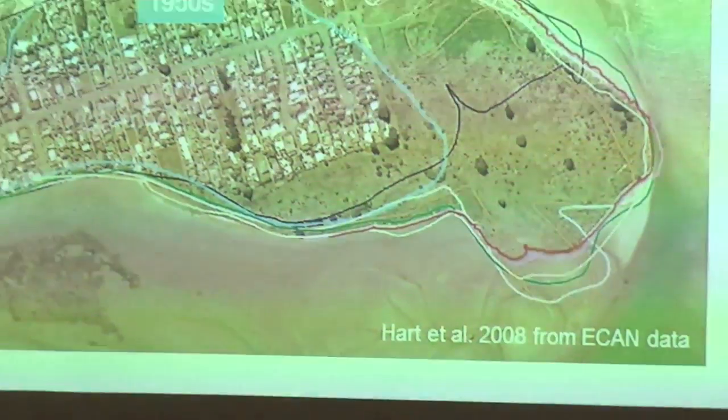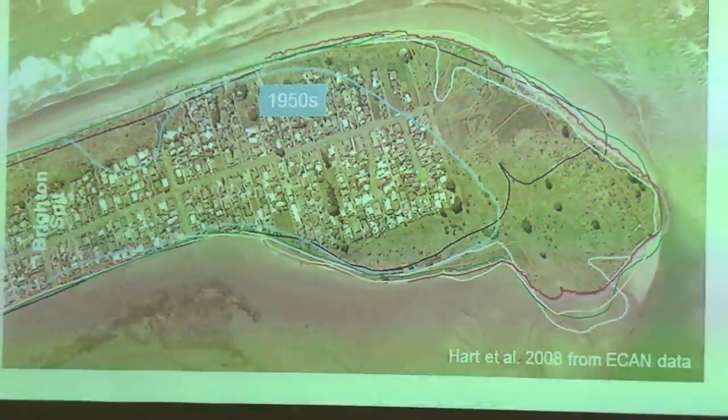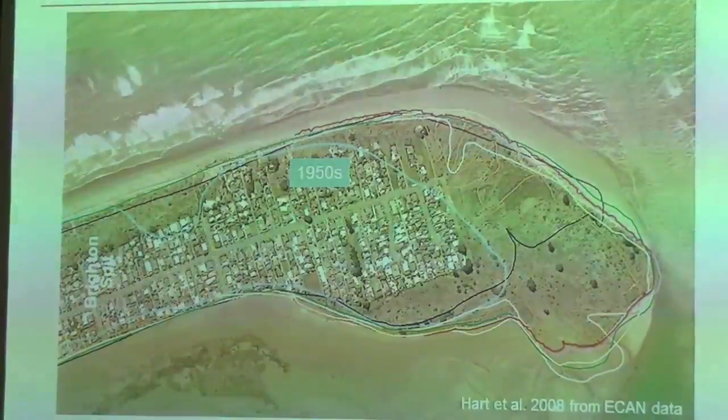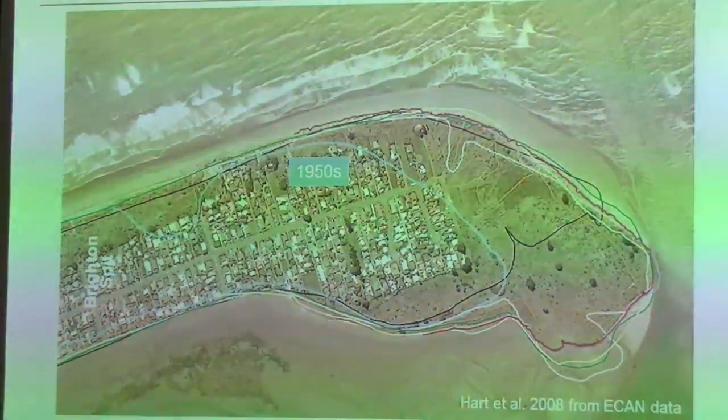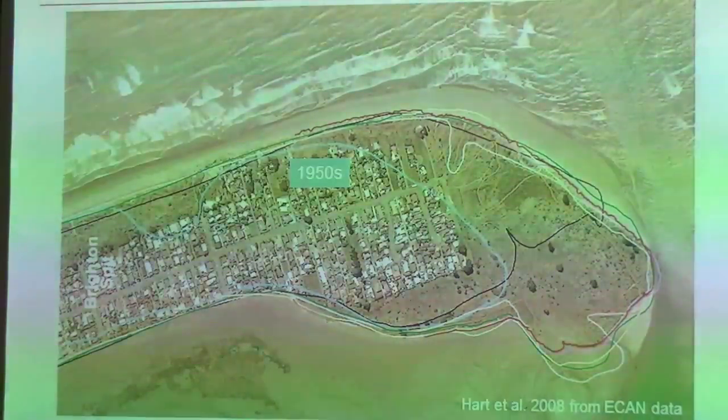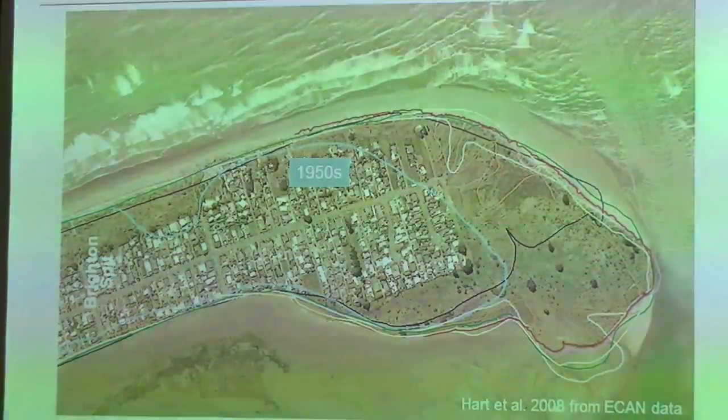And not all beach behaviour is related to sea level change. So here is a good example in New Brighton Spit. We've got a series of shorelines across New Brighton Spit from 1945 to the present, which show how dynamic and how mobile the end of New Brighton Spit is.